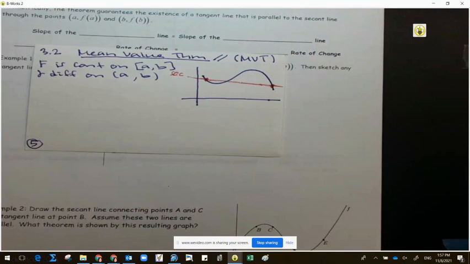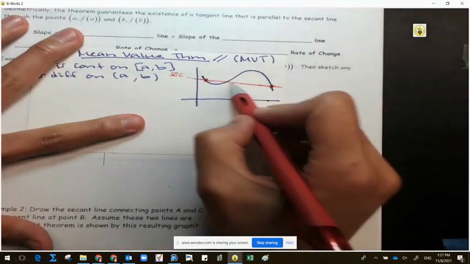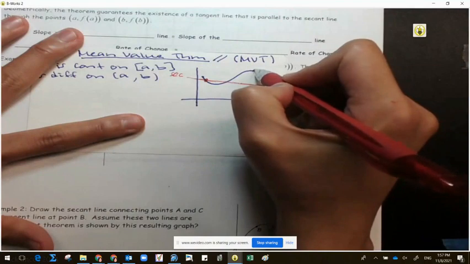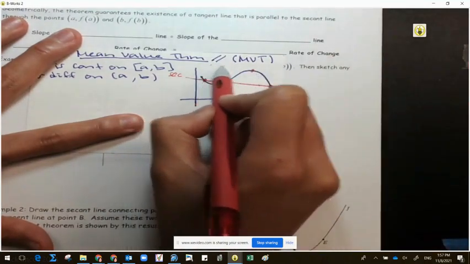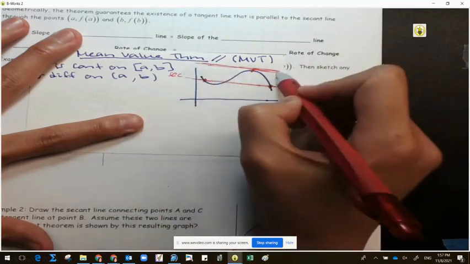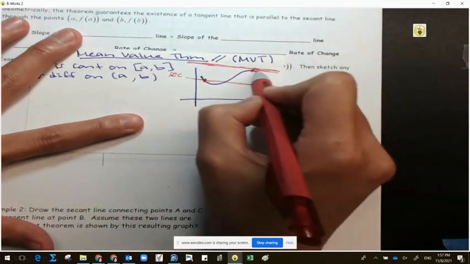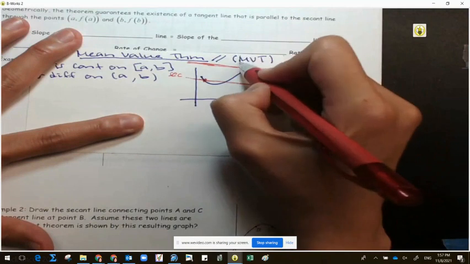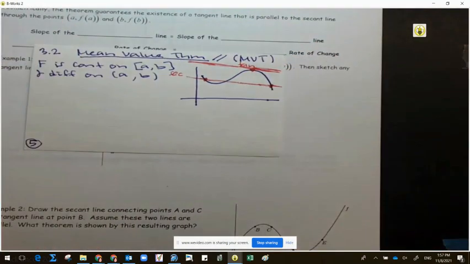So as long as I have a continuous graph, the secant line will always have a tangent line that is parallel. I'm going to try to make it as parallel as possible. Well, that's not very parallel. And a tangent line is through 1 point. So there will always be a point where a tangent line and a secant line are congruent by slope.